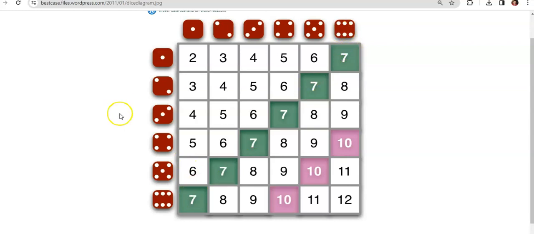We could get a 6 and a 1, 5 and a 2, 3 and a 4, and then we could go the other way. 4, 3, 5, 2, 6, and 1. And so we have to include all those possible outcomes here. And so the chances of this is 1/36. This is 1/36, 1/36, 1/36. And so we have 6/36 or 1/6 probability of rolling a 7, which is the highest probability of all dice rolls.